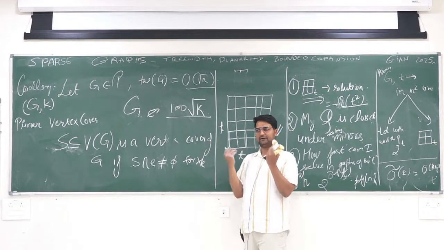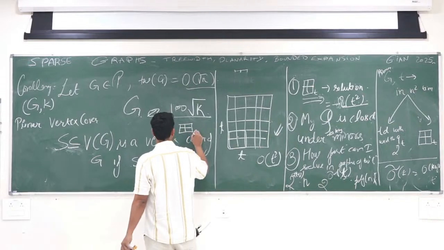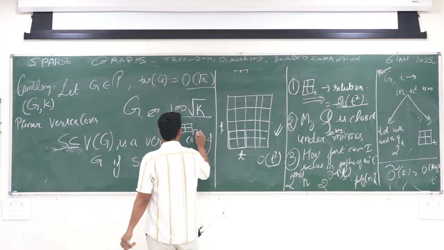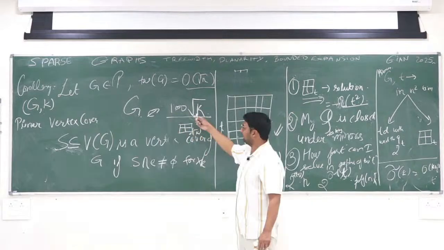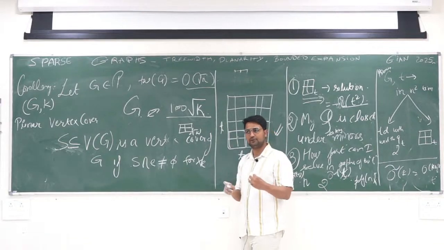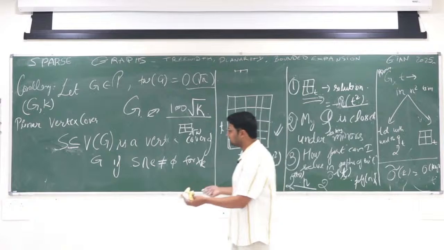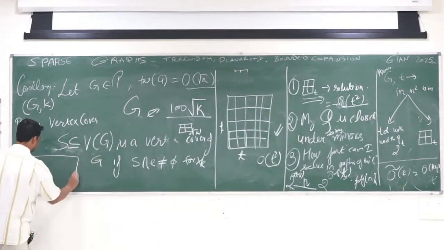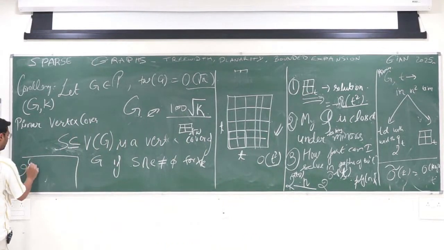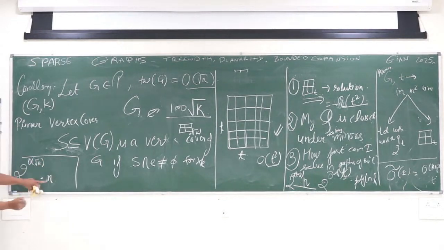Either it will give me a tree decomposition, or it will give me a grid minor of size order square root of k. If the first happens, I am happy, because I know an algorithm that runs in 2 to the power order treewidth time, which means I can solve my problem in 2 to the power order of square root of k into n, linear in n and very small in k.